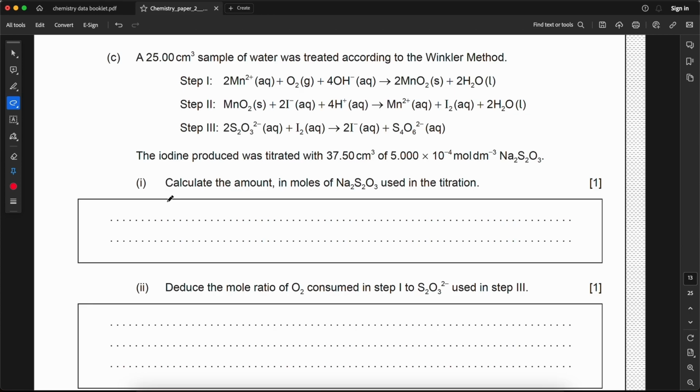Calculate the amount in moles of Na2S2O3 used in the titration. So mole will be C times V, which is 5 times 10 to the power negative 4 times 0.0375 divided by 1000. Produce 1.875 times 10 to the power negative 5 mole.